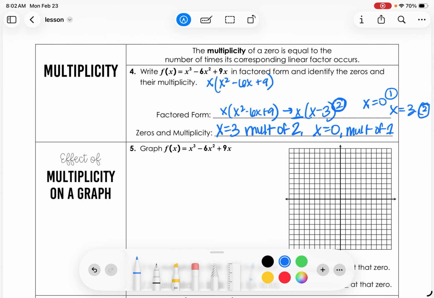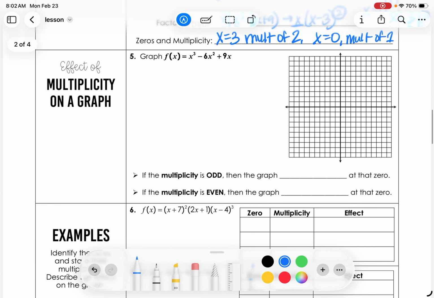So what that means, that kind of tells us what happens on the graph. If you have a multiplicity that is odd, then that means that it crosses the x-axis at that 0. If you have a multiplicity that's even, then the graph is going to bounce at that 0. So this is a cross, so it crosses there.